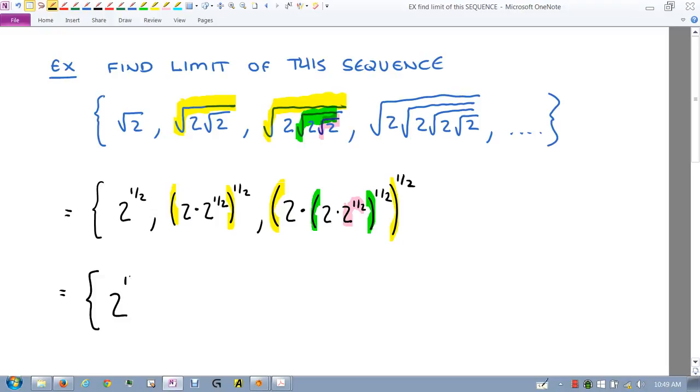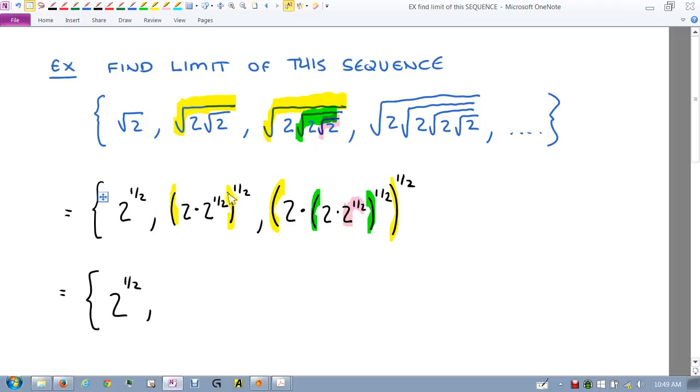This is 2 to the half, right? This one is, what's 2 times 2 to the half? When you multiply those, what do you do with their exponents? You add them. There's a 1 right there, right? So 1 plus a half is 3/2. So this is really 2 to the 3/2 right here.